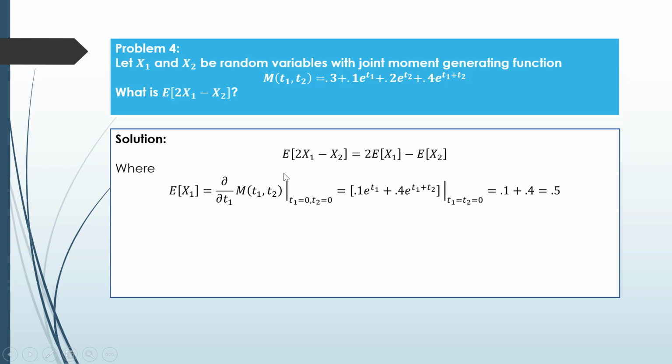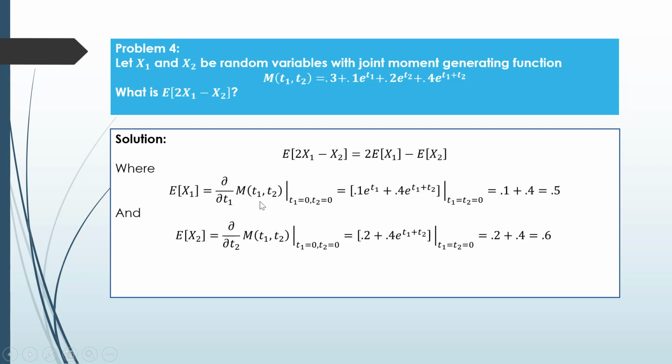So we differentiate this function with respect to t1, and then we substitute 0 for both t1 and t2. So 0.5 is the expected value of x1. To find the expected value of x2, we partially differentiate with respect to t2 and then substitute both t1 and t2 as 0. And 0.6 is the expected value of x2.